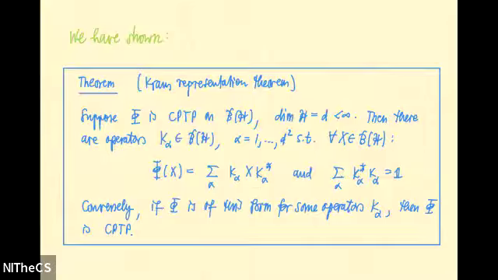Actually, if you look above at how we defined them, there are at most d squared of them, so that phi can be written in this form. And conversely, this is what we know from before: if phi is of this Kraus form, then it is CP-TP. So CP-TP and Kraus form are equivalent.